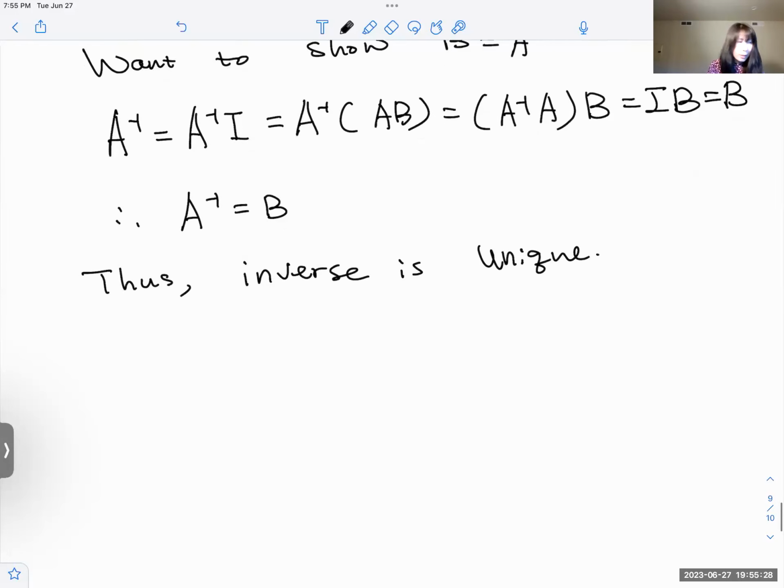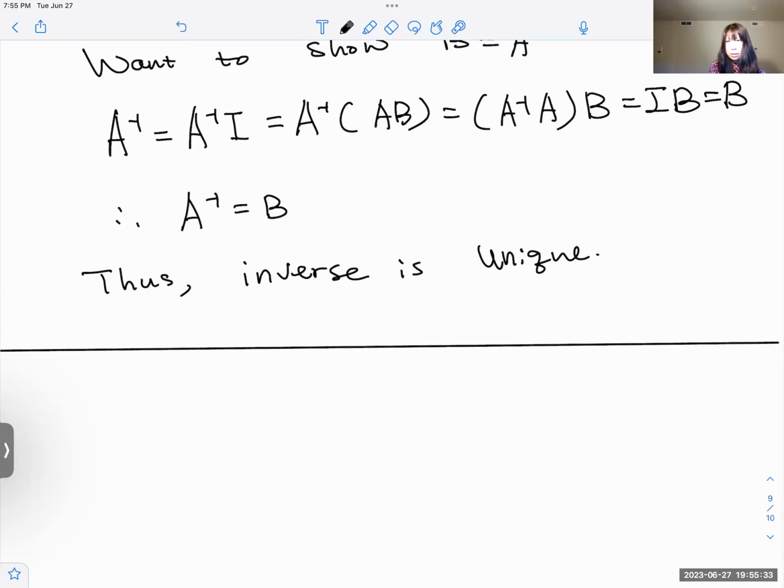Let us do this. Let A equal the matrix 1, 1, 1, 2.